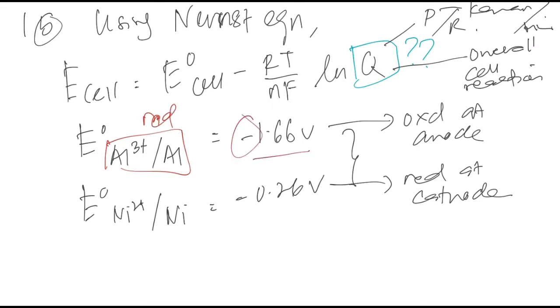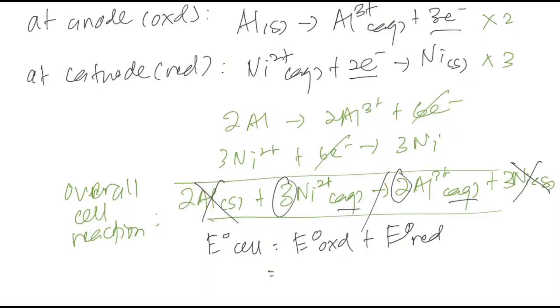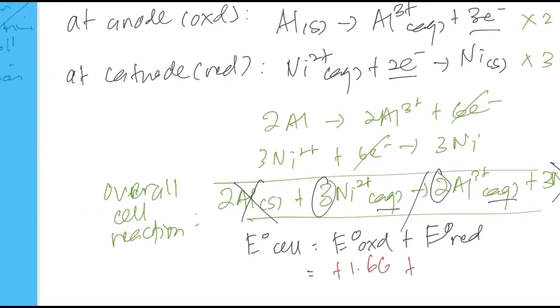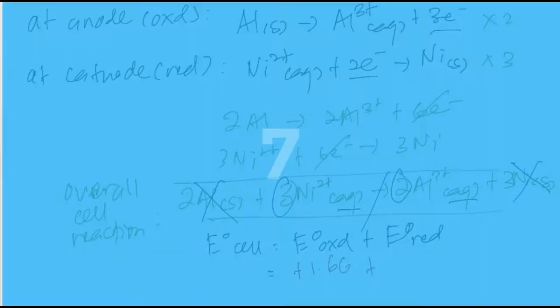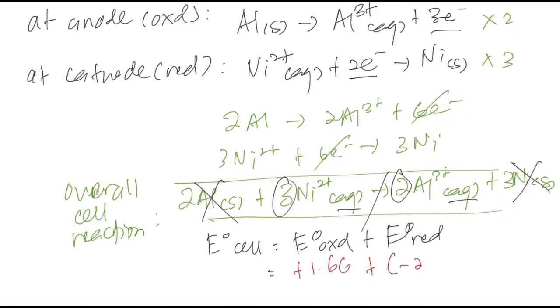Once we reverse this into oxidation, it becomes positive 1.66 because it undergoes oxidation. For nickel, no problem. It is originally in the form of reduction, so we take the value, negative 0.26.